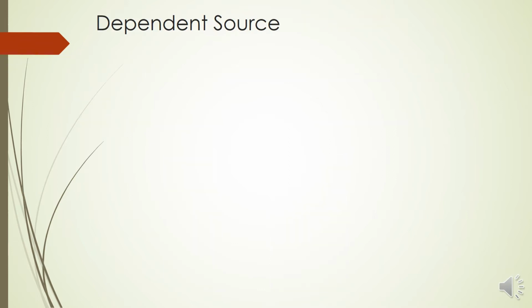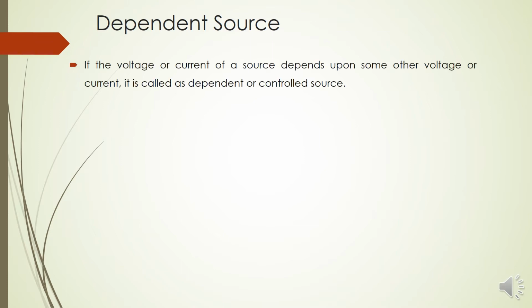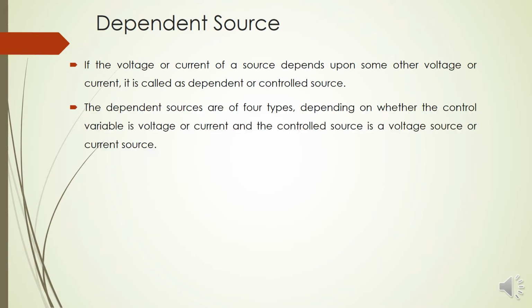Now we will switch to the dependent source, which, as we have already seen, is of four types. If the voltage or current of a source depends upon some other voltage or current, it is called a dependent or controlled source.